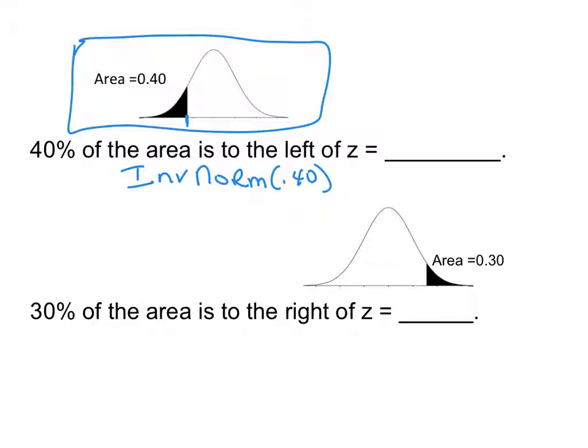If I do the inverse norm of 0.40, the answer I get is my z-score. So when I do inverse norm and I get the answer, my answer is z equals whatever the calculator says. Z-scores always go to 2 decimal places. Don't go more. If you do, your answers are going to tend to be slightly off on my stat lab, and it's really going to annoy you. So my z-score turns out to be negative 0.25.